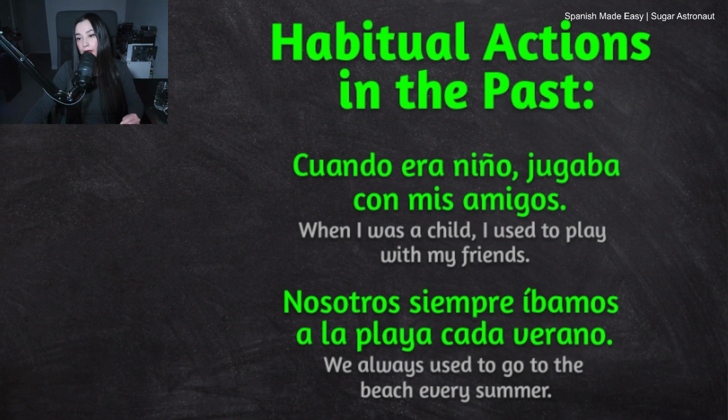So remember, you can use el imperfecto when talking about habits in the past. So you used to do something. If you want to say we used to do something, you can use el imperfecto. You just need to choose a verb and then conjugate it in the imperfect form, or rather tense.